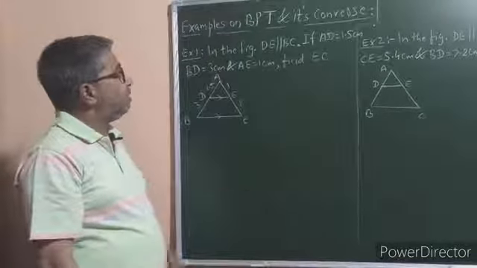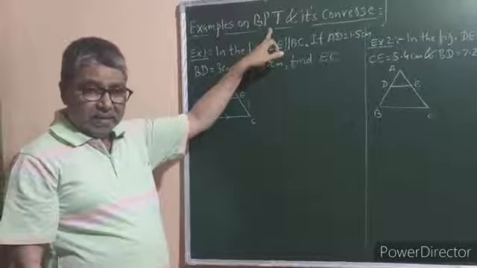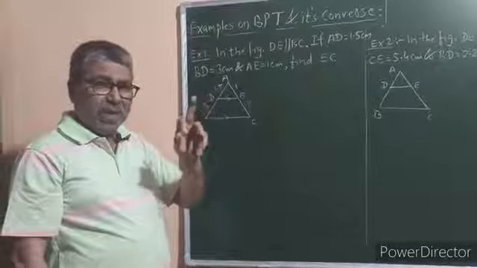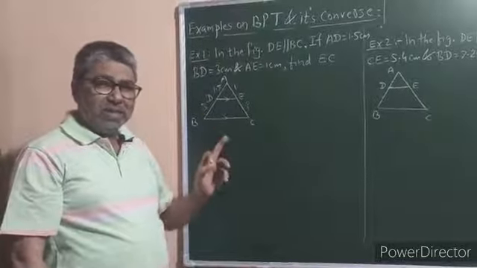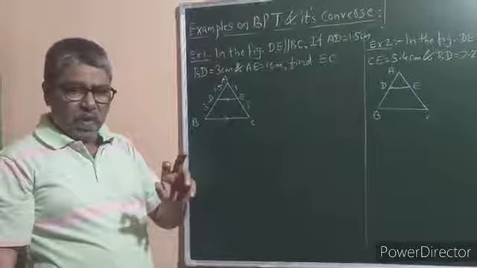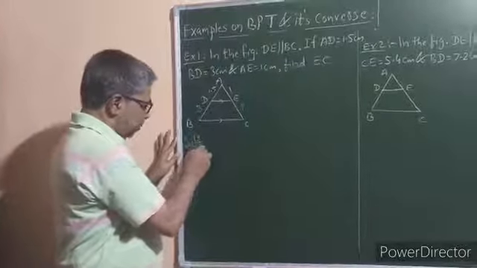Now we are solving examples on basic proportionality theorem, and the theorem says that in a triangle, a line drawn parallel to any of the sides divides the remaining two sides into equal ratio. So here let us solve this example.